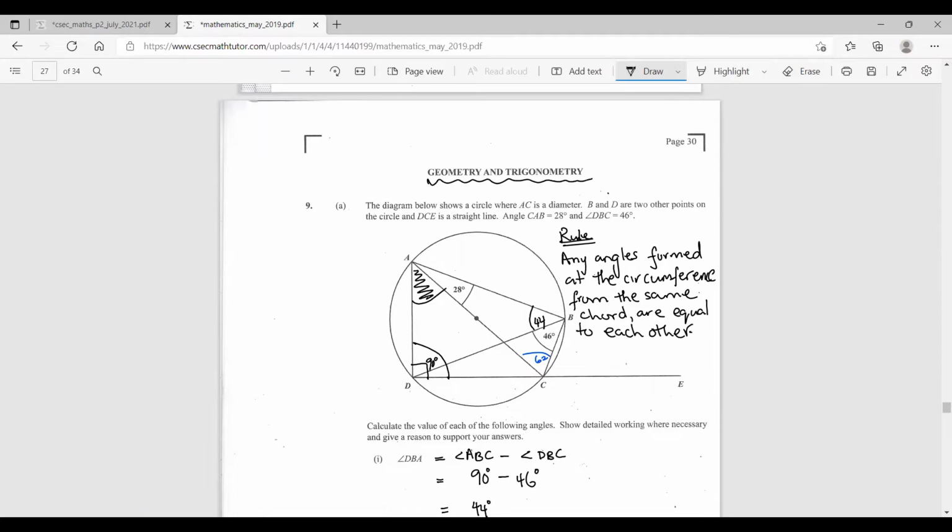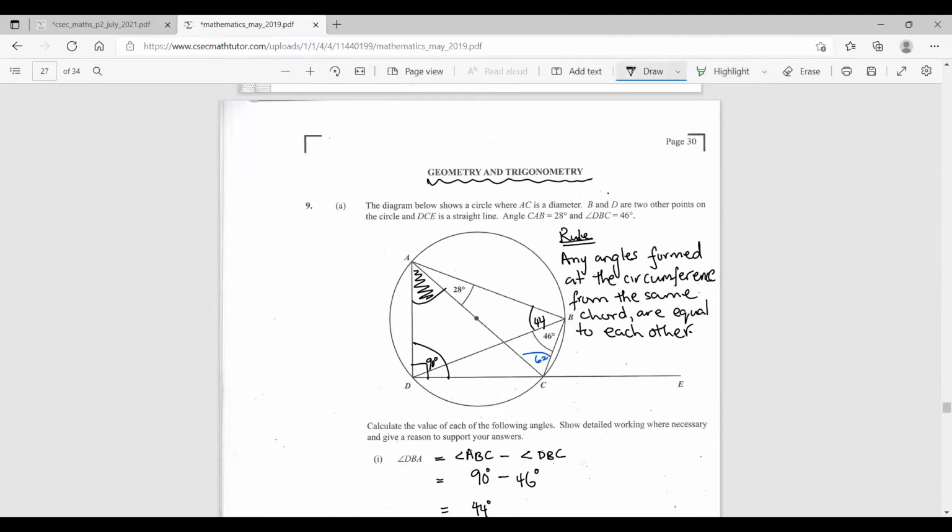So we remember what a chord is, because we would have done that, right? A chord is a line that goes from circumference to circumference, but it does not pass through the center of the circle. So the difference with AC and DC is that DC is a chord, but AC is a diameter, because AC is actually passing through the center of the circle.